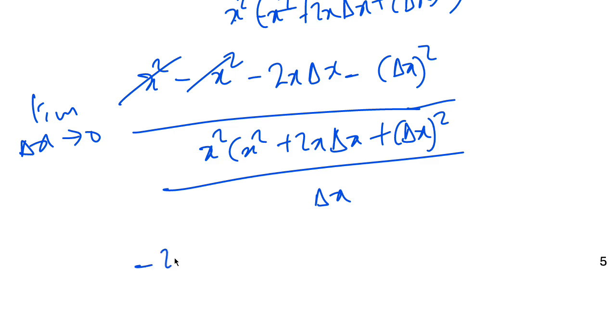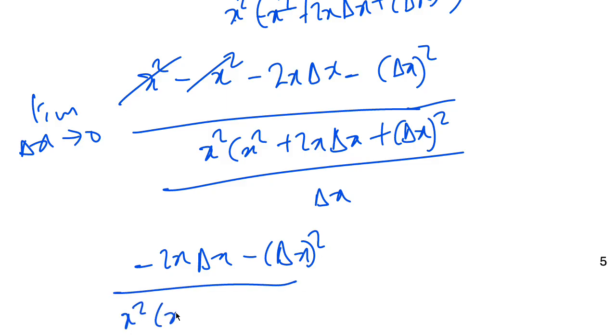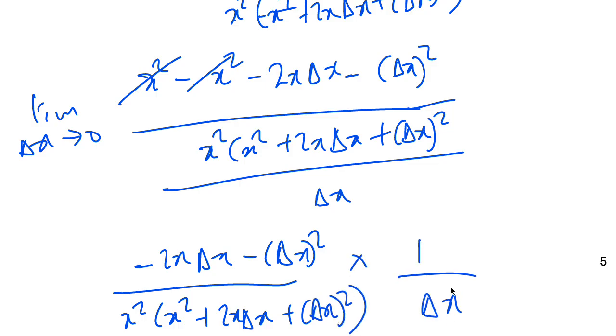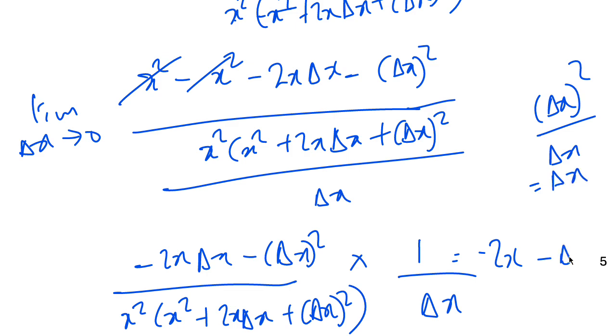So that would be negative 2x change in x minus change in x squared over x squared into x squared plus 2x change in x plus change in x all squared, times 1 over change in x, because that's division. So change in x into change in x will leave us with negative 2x, right? And then change in x all squared divided by change in x is going to leave us with 1 change in x, right?